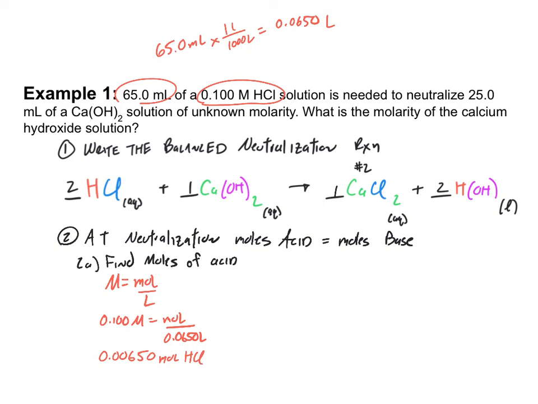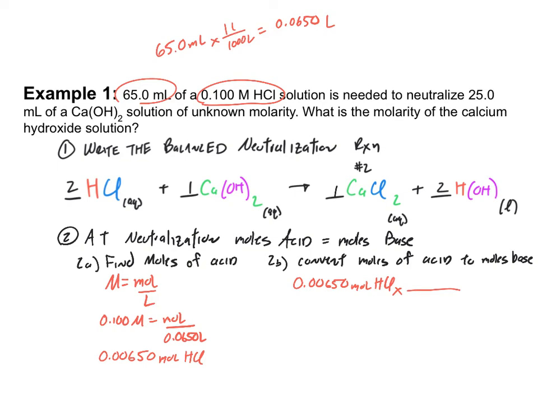So the next thing that I need to do, say step 2b, is convert moles of acid into moles of base. So in this part of the problem, I'm going to take the 0.00650 moles of HCl, and I'm going to convert that to moles of base using the mole ratio in the chemical equation.